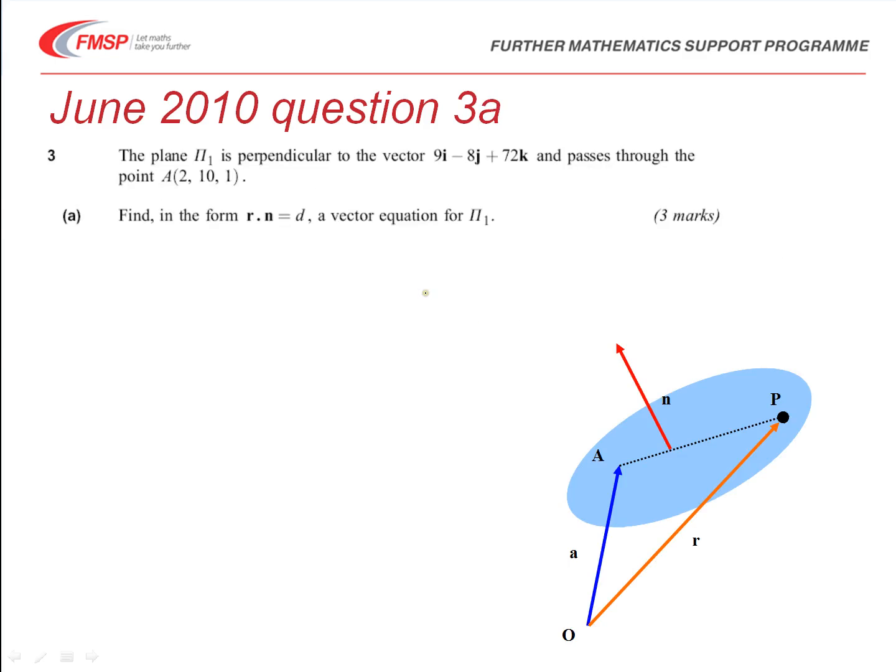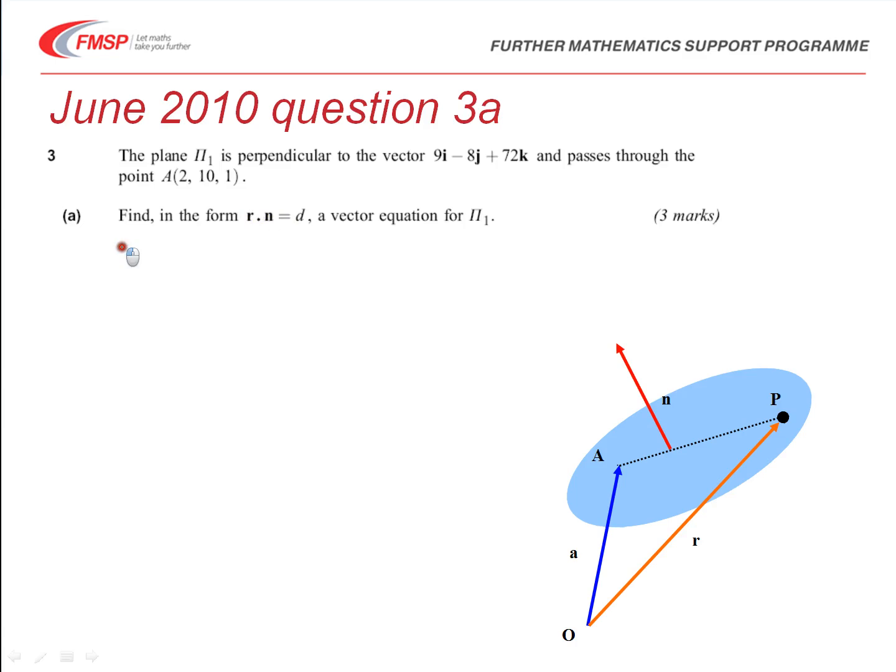Well, in the first part of the question then, we're given a vector which is perpendicular, which as we said is the normal to the plane. We're given a single point A which is on the plane, and we know that the form of the equation is then r dot n equals d.